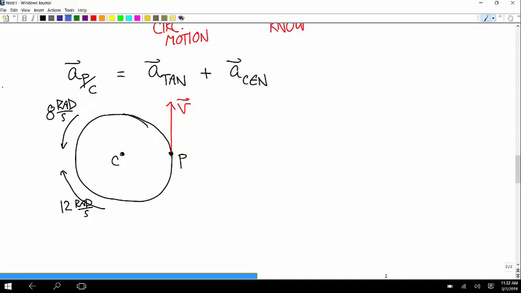It's slowing down, so the tangential acceleration is this way. Centripetal is always towards the center. So the total acceleration when we calculate it is going to be somewhere in here in the third quadrant.